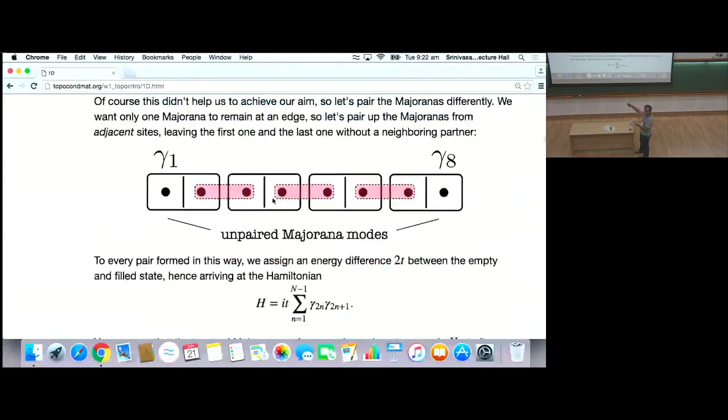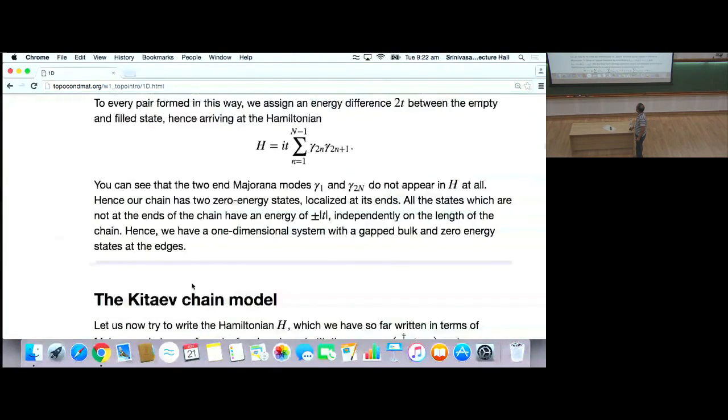There's an isolated Majorana mode at the end. But an isolated Majorana mode at the end is a feature that cannot happen in an isolated system. Any real system has to have an even number of Majorana modes.